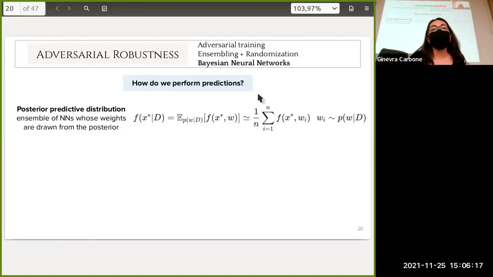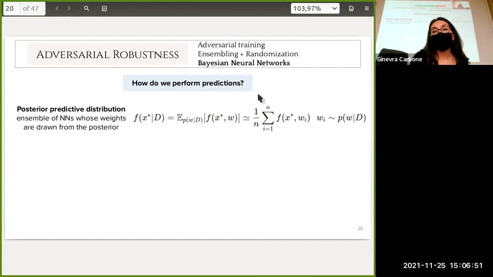So what we do is we use a posterior predictive distribution, meaning that each time that we want to compute the probability vector of a new sample, we take multiple deterministic networks from these probability distributions, because each time we are sampling all the weights again, and we repeat this n times, and finally obtain n copies drawn from this distribution, and perform an ensemble classification from all these networks. So we average out the predictions, and we obtain our final Bayesian prediction.